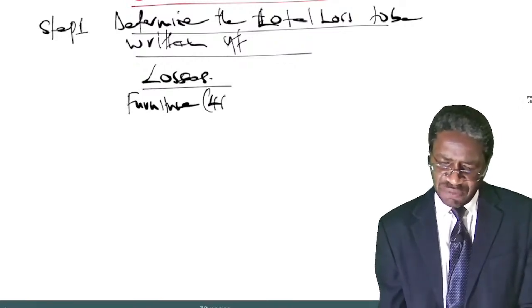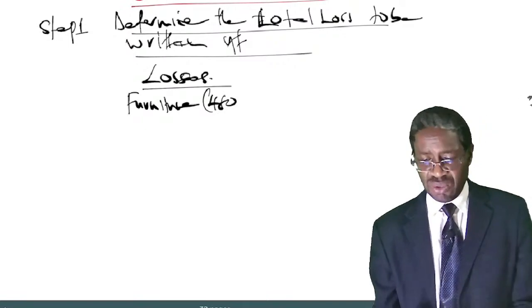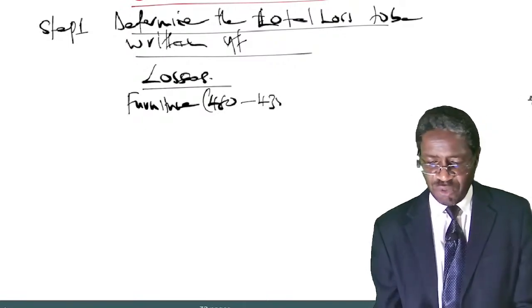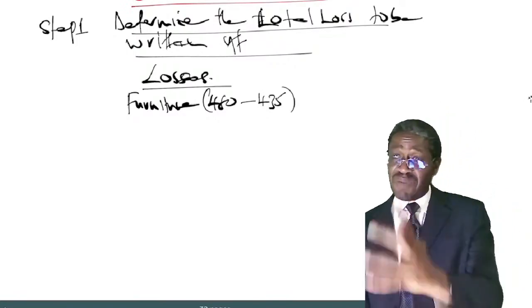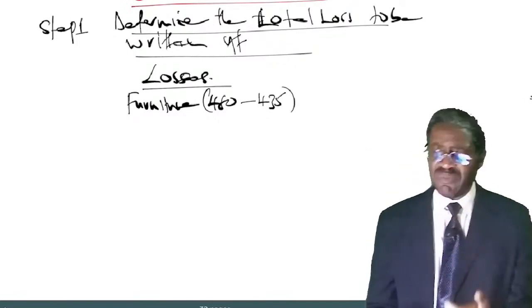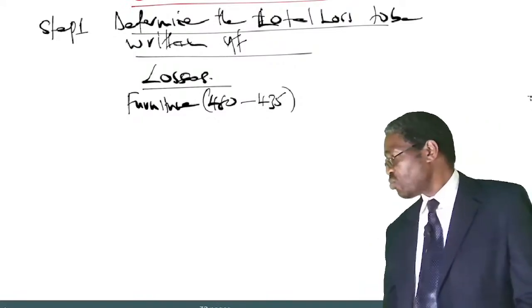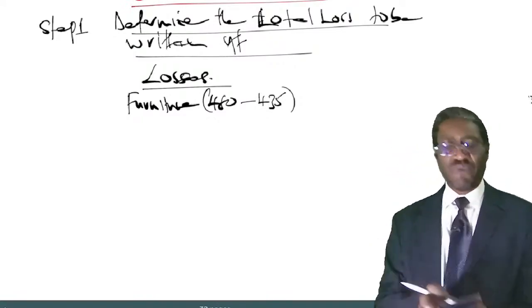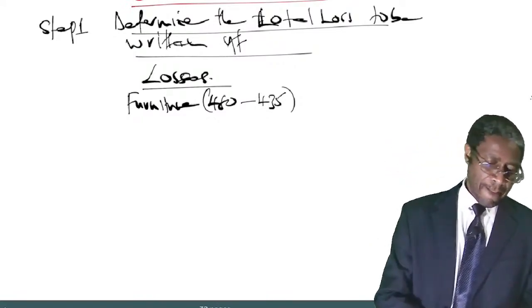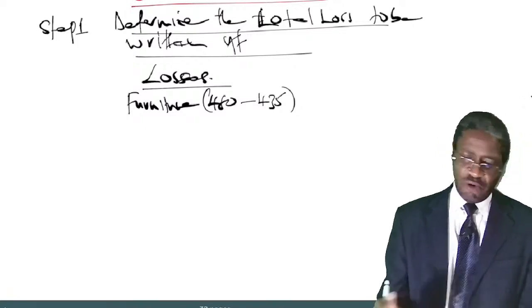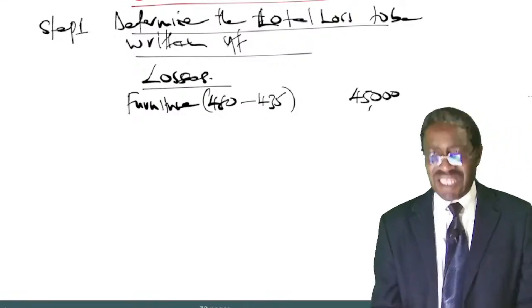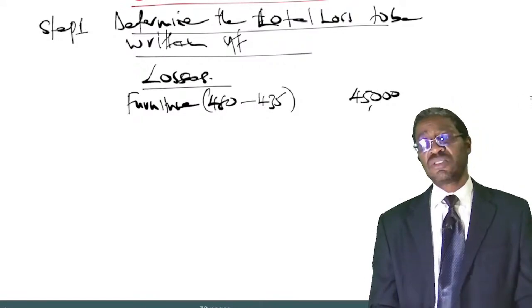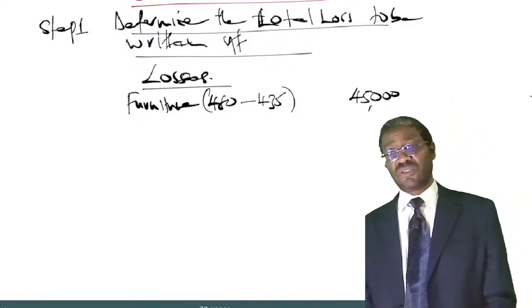Let's put in bracket 480 was the book value, but it has a fair value of 435. So when we shall take it back to the books at 435, we shall be losing as a company. So what is the loss? We take 480 minus 435, so there will be a loss of 45. Our figures are in thousands in the balance sheet. So we put it as 45,000. Good.